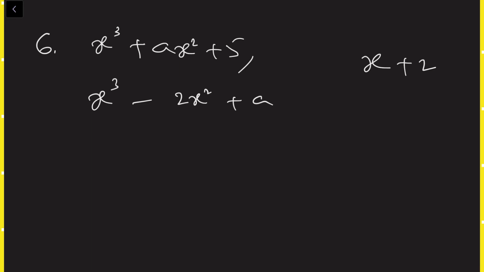Same again here. Here x plus 2 is there, so we need to substitute minus 2. Minus 2 whole cube plus a into minus 2 whole square plus 5 is equal to... Anyway, he is saying clearly that both are leaving the same remainder, so from the first step onwards I am making the two remainders equal.